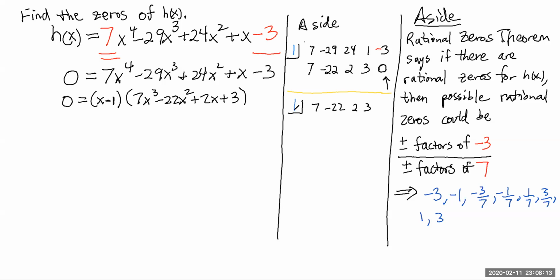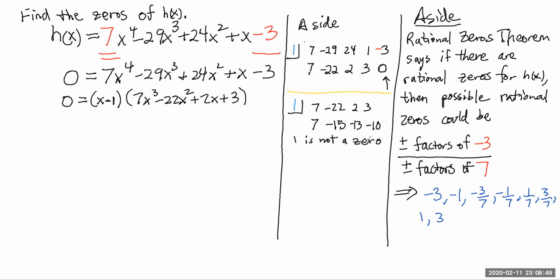Let's see if 1 is actually a zero. Bring down, multiply and add. Negative 15 times 1, negative 15, negative 13. Negative 13 times 1 is negative 13. Now you get negative 10. Notice we do not get a remainder of 0 here. So that means 1 is not a zero of the polynomial.